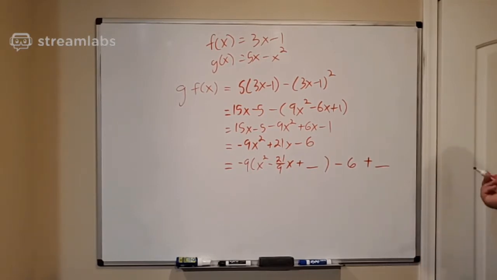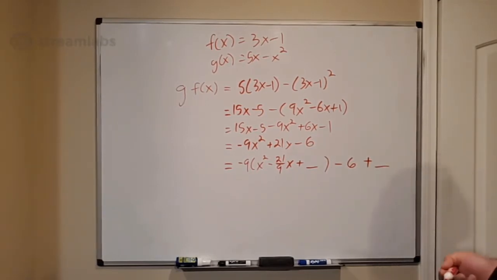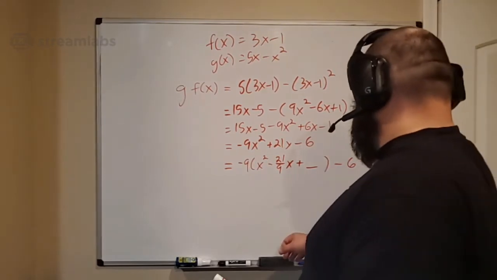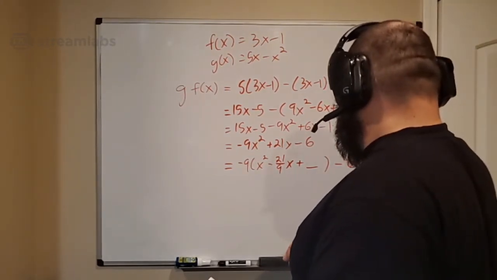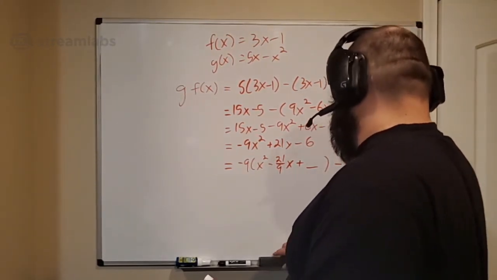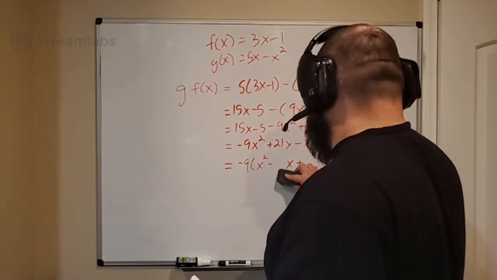So cut 21/9 in half, square it. It'd probably be easier if we simplify 21/9. It becomes 7/3.